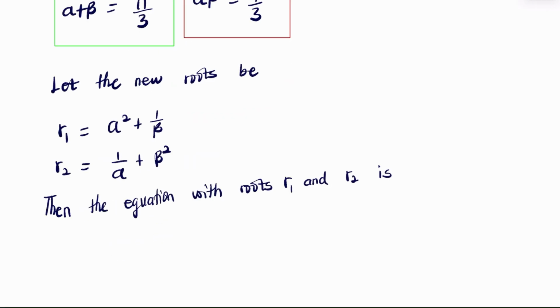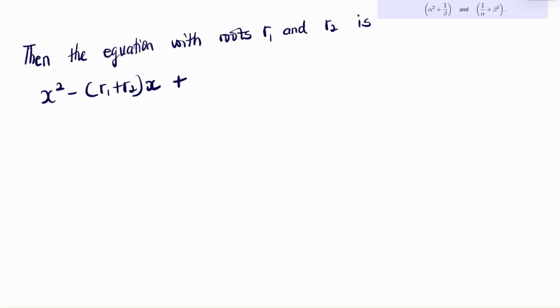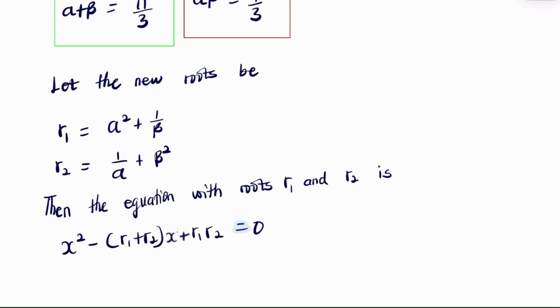Then the equation with roots r1 and r2 is giving us x squared minus the sum, that's r1 plus r2, times x plus r1 times r2 is equal to 0. And so here we need to compute r1 plus r2 and also r1 times r2.